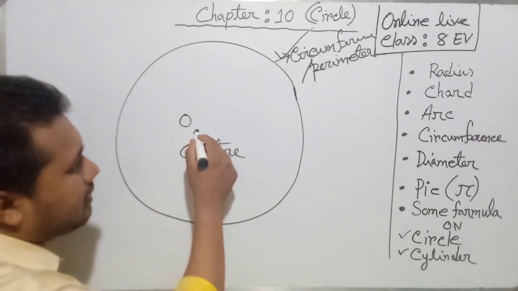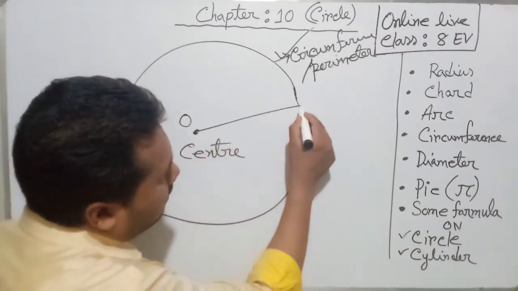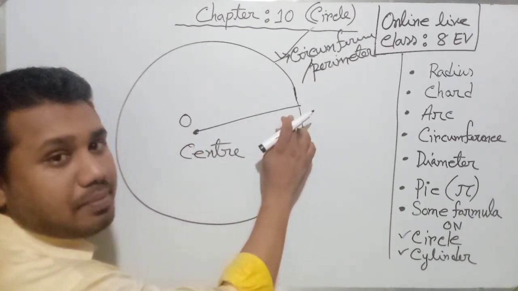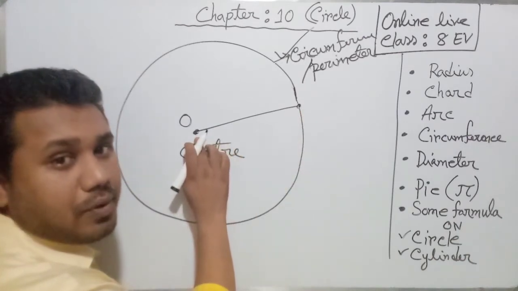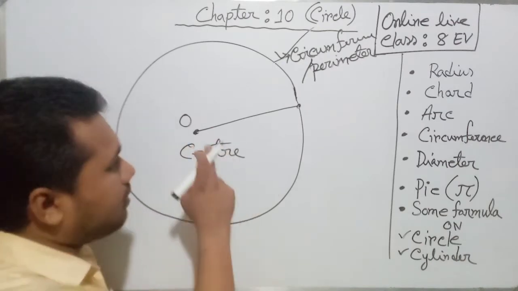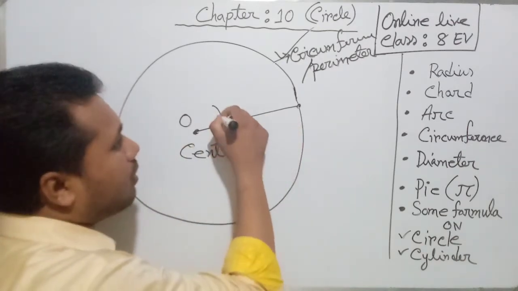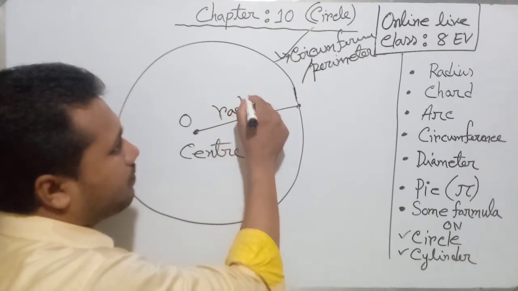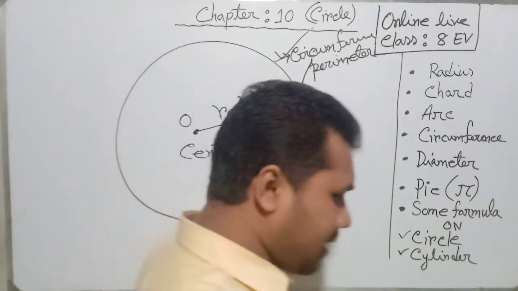And this is the center. What is the center? This point. Look, suppose this is a line segment. Suppose this is a point and the center is another point. We know any line segment has two endpoints. This line segment is called the radius. So what is the radius?